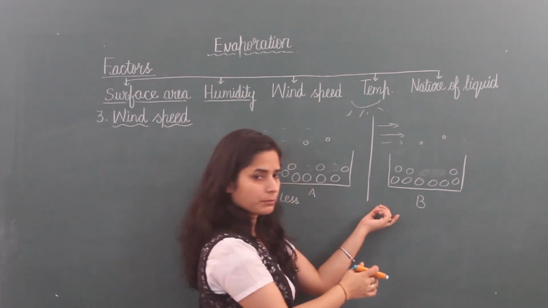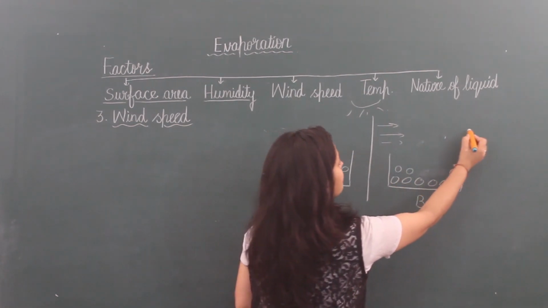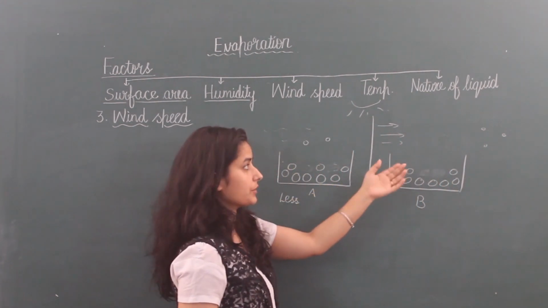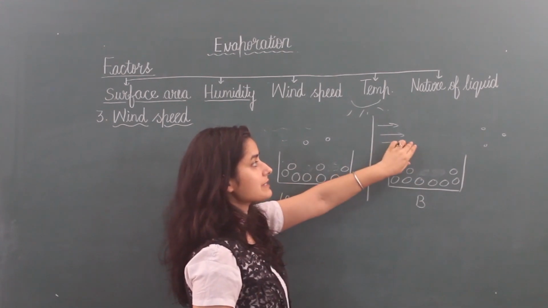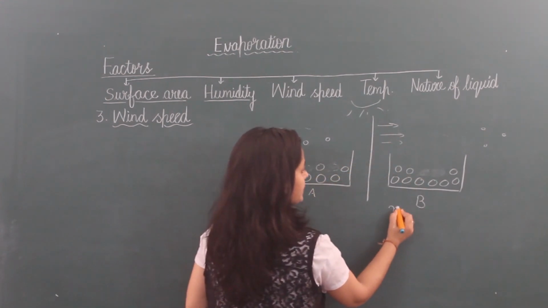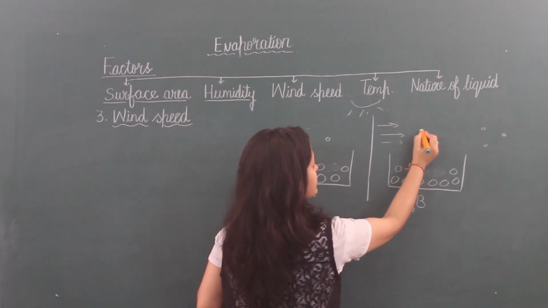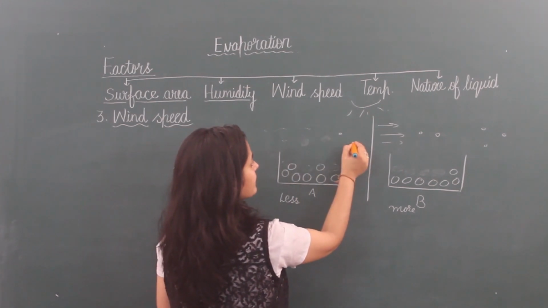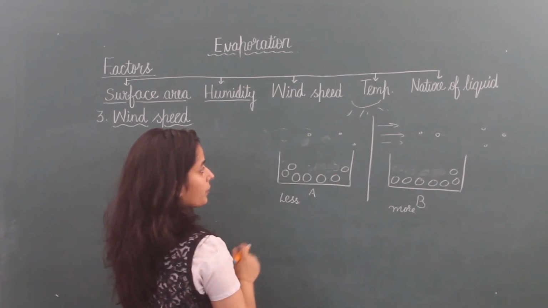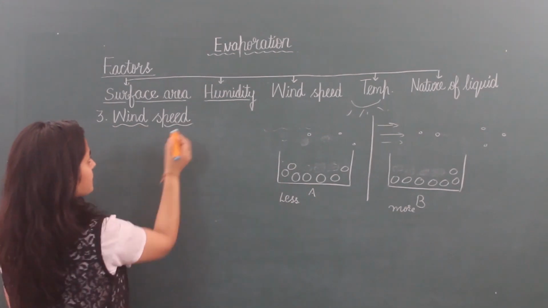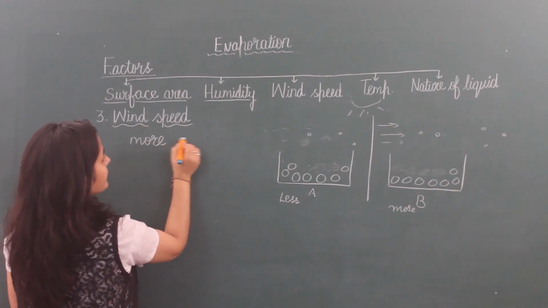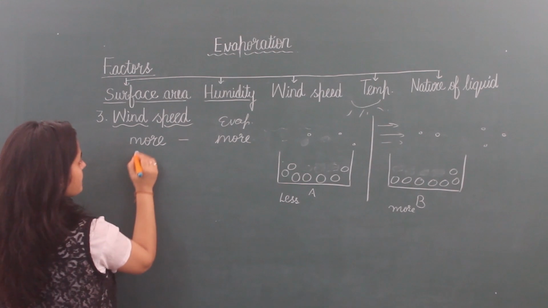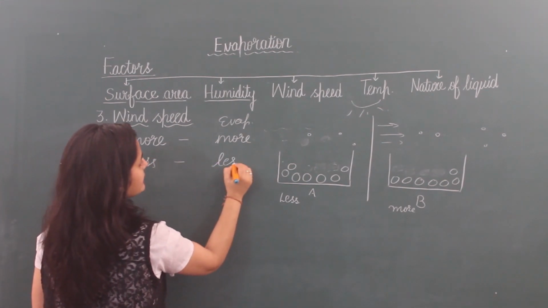But in case of container B, these particles will move fast from here and the space becomes empty, so that more water vapors can add in this atmosphere. So next particles will go soon. Now these particles reached here, then next particles will go. So this way you can check if wind speed is more, then evaporation is more. If wind speed is less, then evaporation is less.